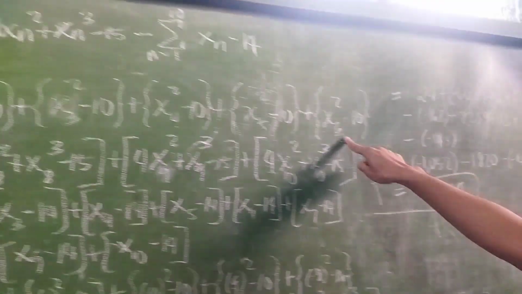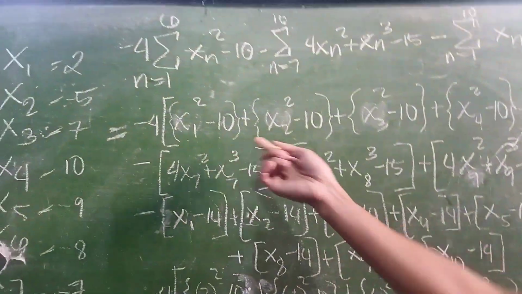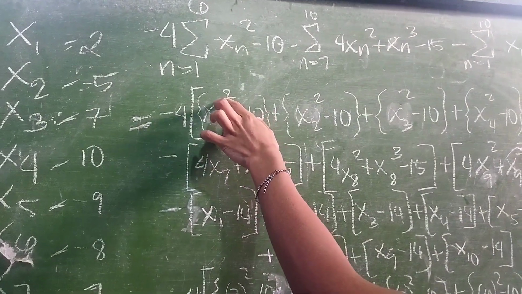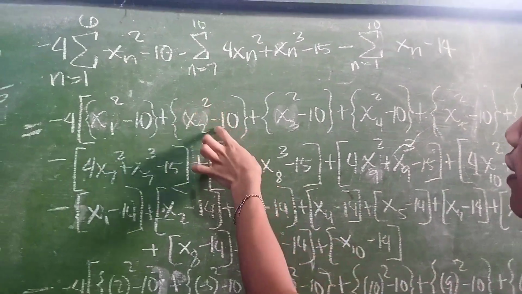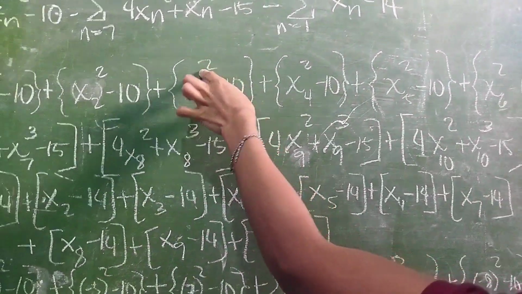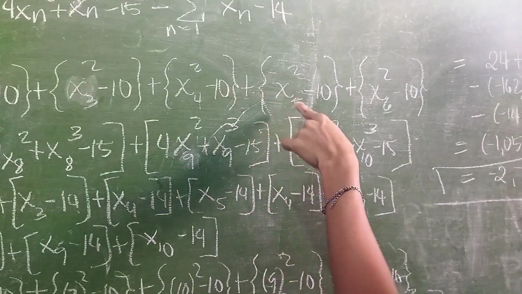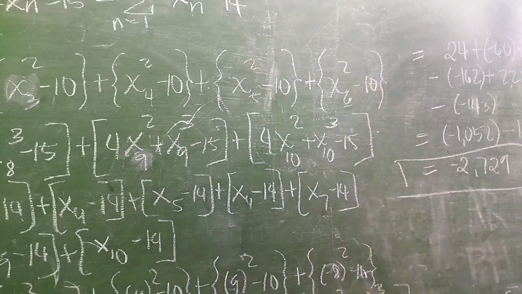And you will see it here, 6. So we will read it like this. Negative 4 times x sub 1 squared minus 10 plus x sub 2 squared minus 10 plus x sub 3 squared minus 10 plus x sub 4 squared minus 10 plus x sub 5 squared minus 10 plus x sub 6 squared minus 10.